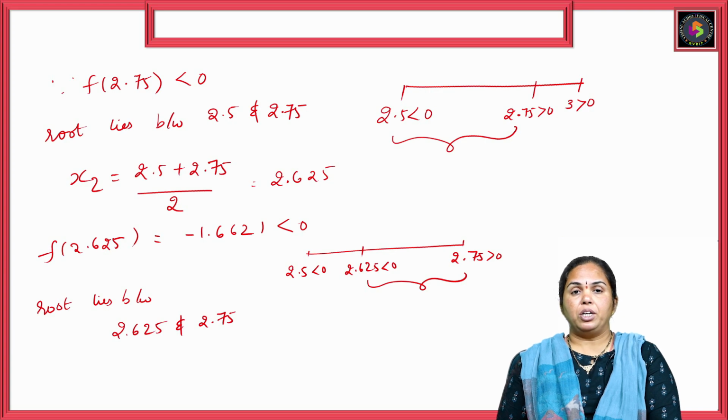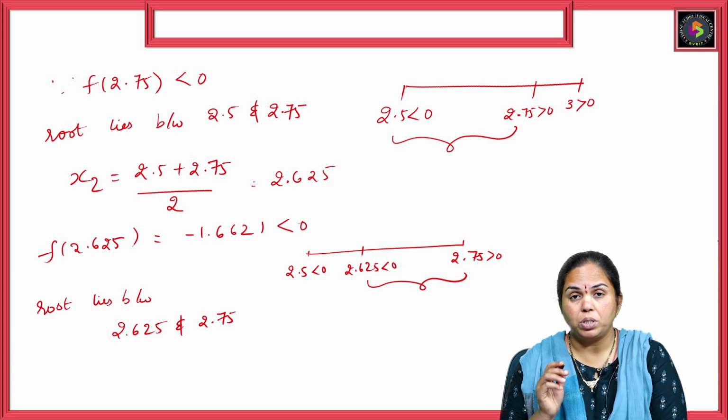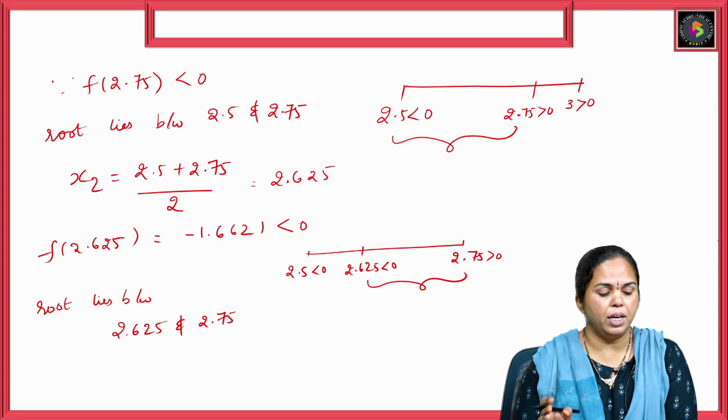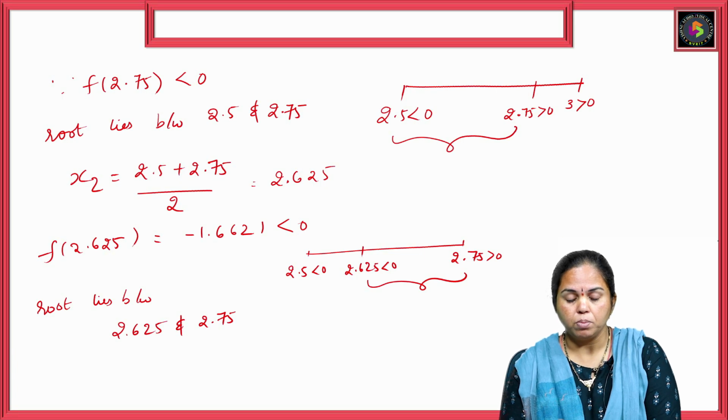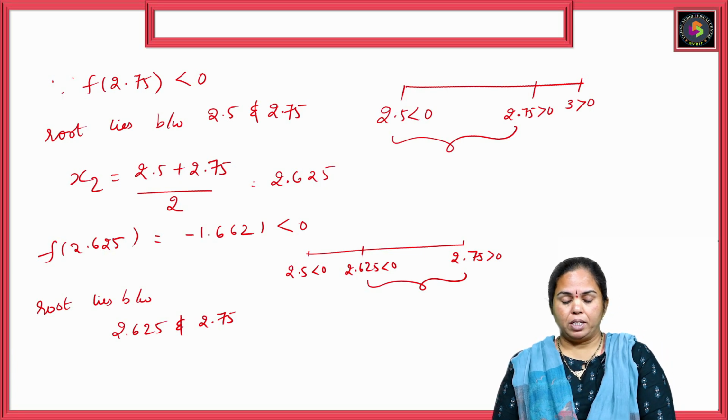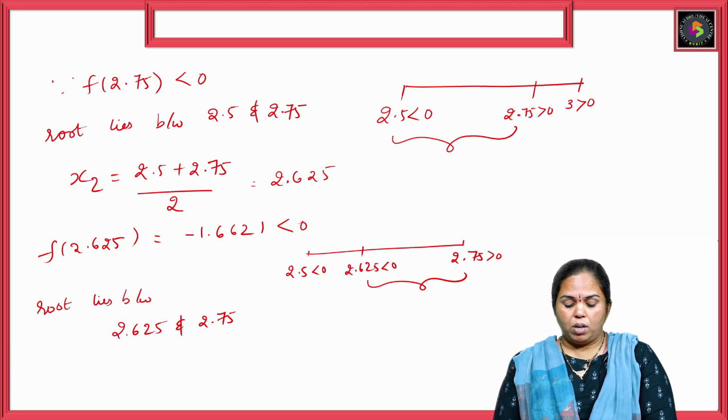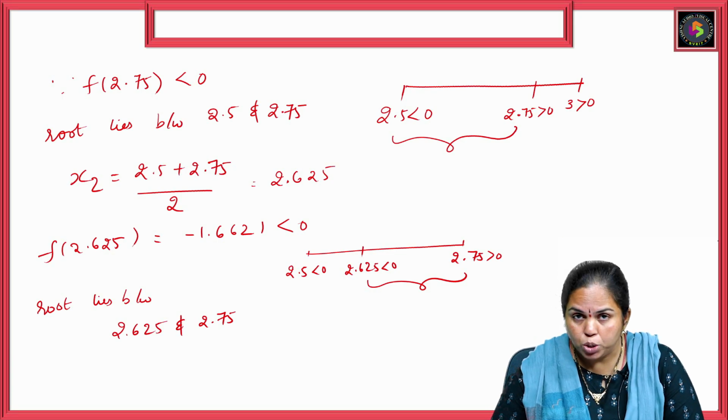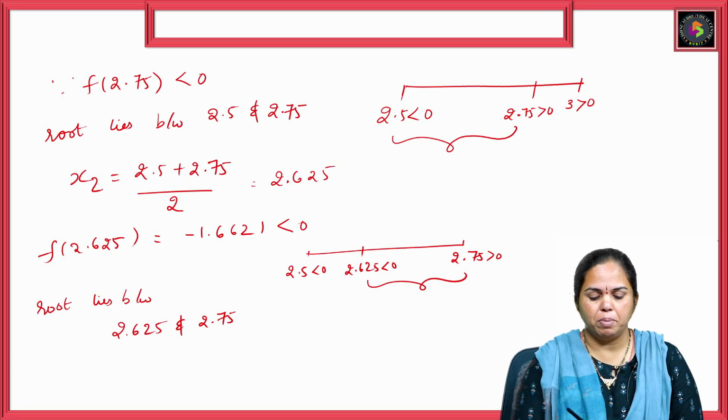So we have to continue this process until two successive approximations are equal. Usually in the bisection method, the rate of approximation will be very slow compared with the remaining methods.